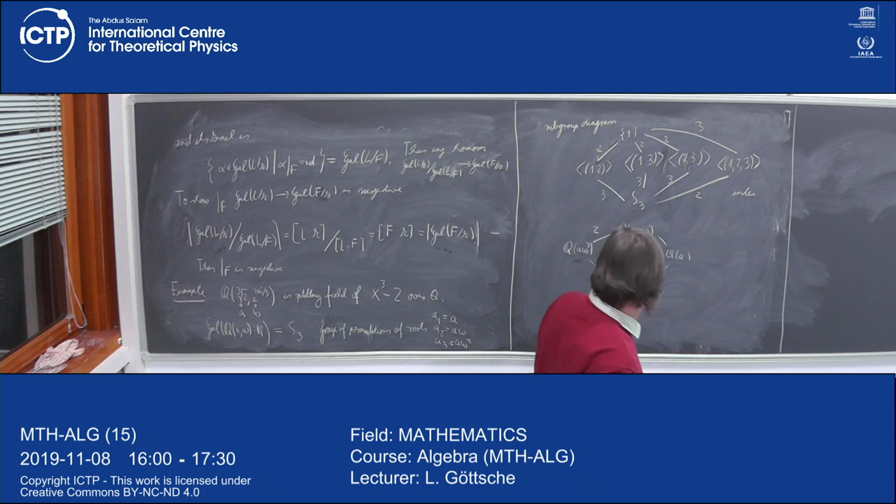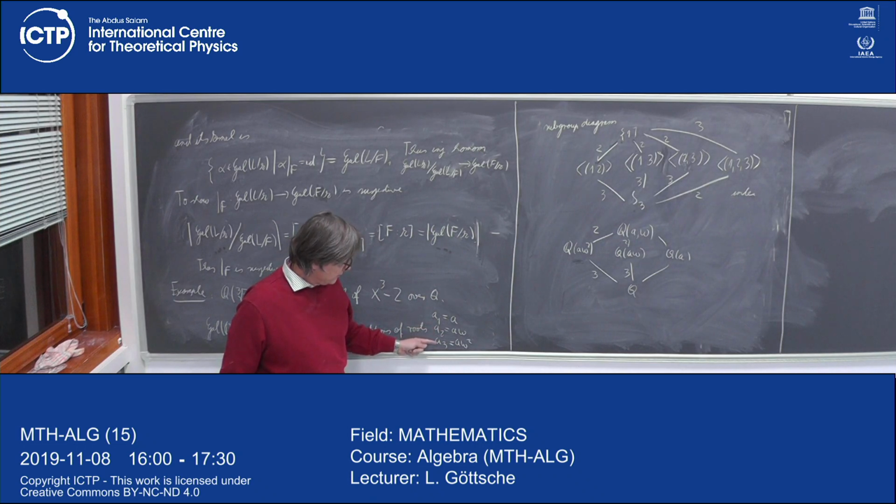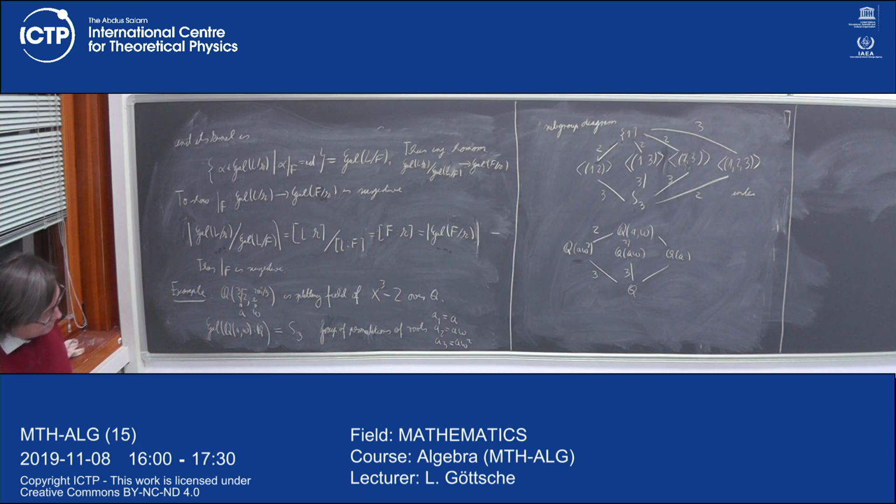And finally, if we permute these three cyclically, so a1 goes to a2, a2 goes to a3, a3 goes to a1, what element would be fixed by that? Yes, but okay, one could do that.